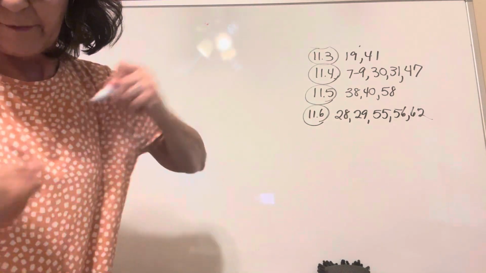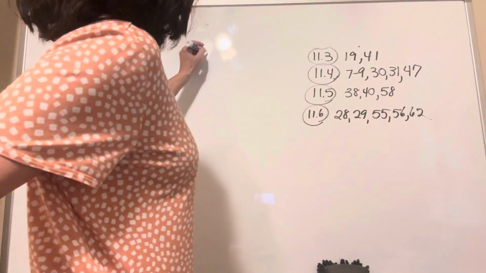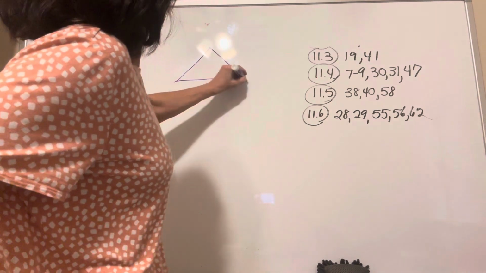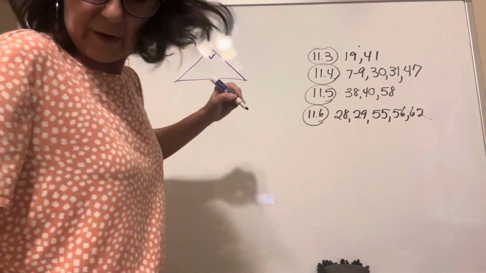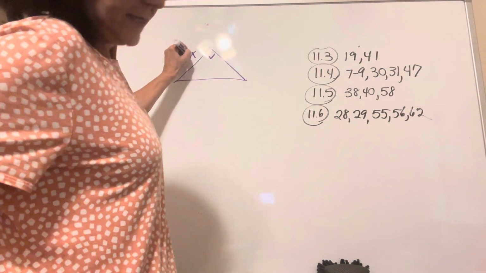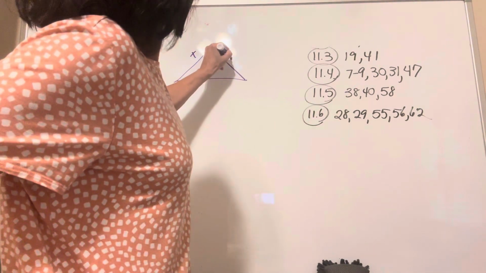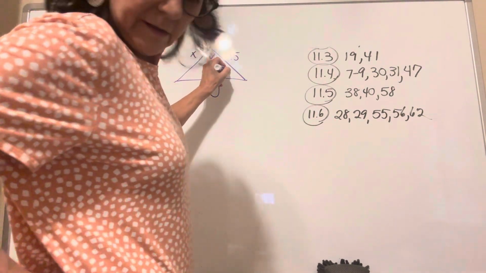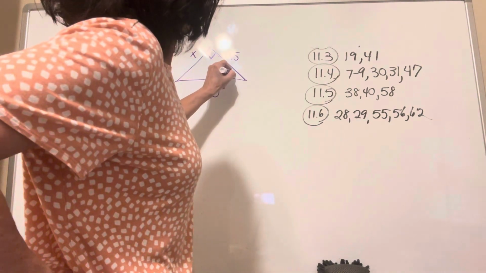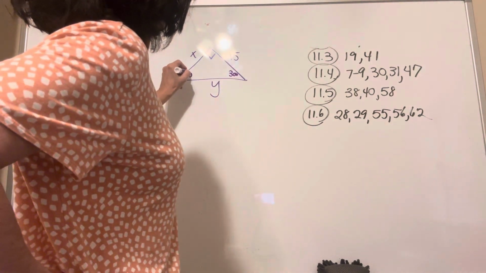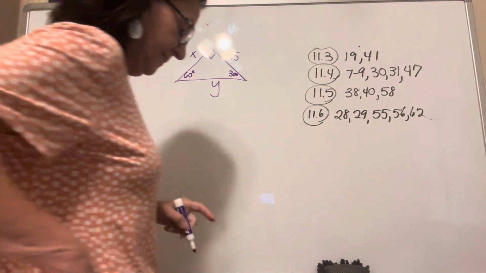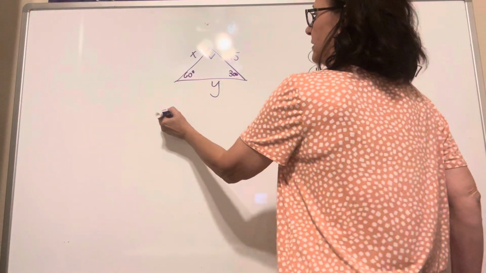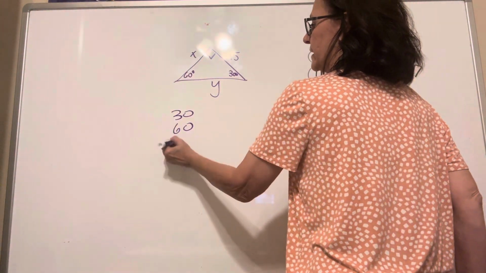All right, number 19, we have this triangle. There's my right angle. This is x, 15, y. Over here is 30 degrees, and that's 60 degrees. So we have a 30, 60, 90.